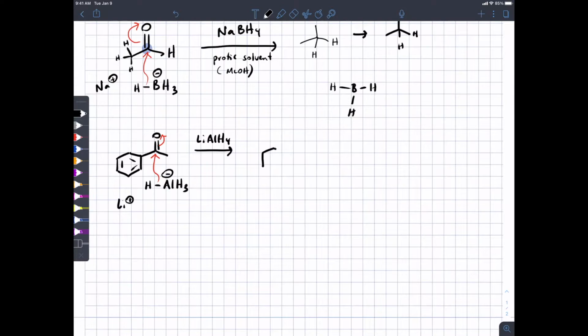Now, here's an important point. If you look at what we have done, we turned an sp2 hybridized carbon into an sp3 hybridized carbon, and this one is now bonded to 4 different things. So we just made a stereocenter, right?